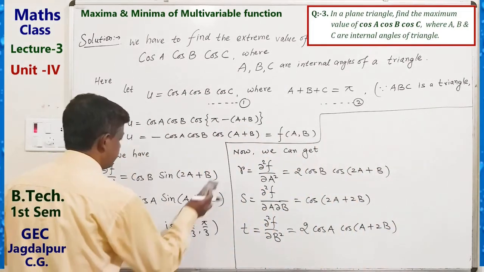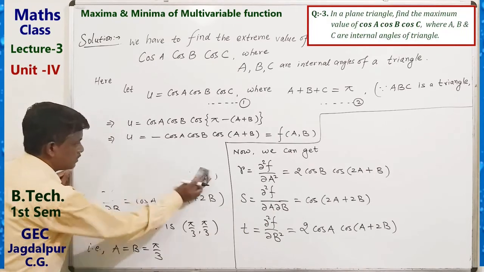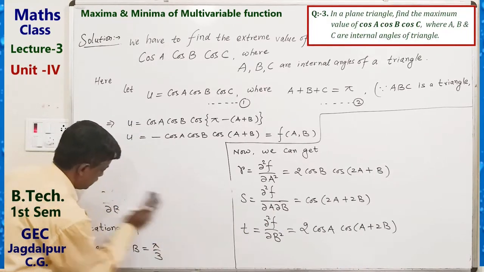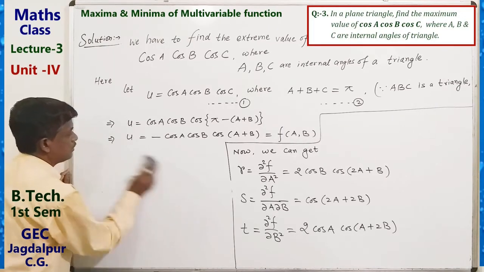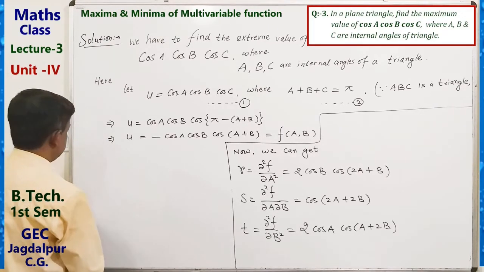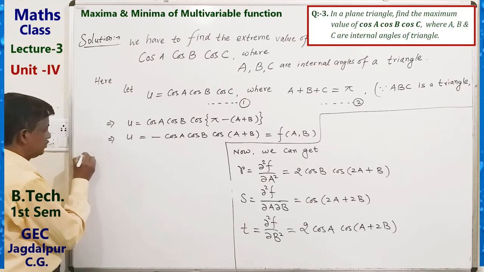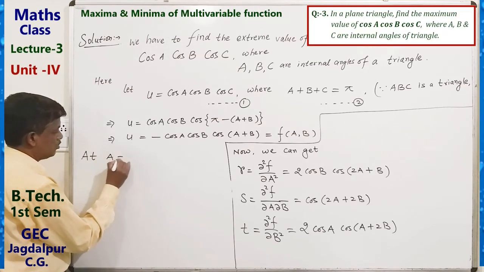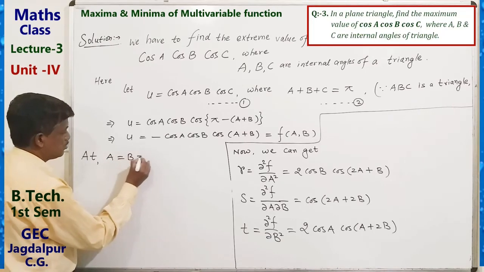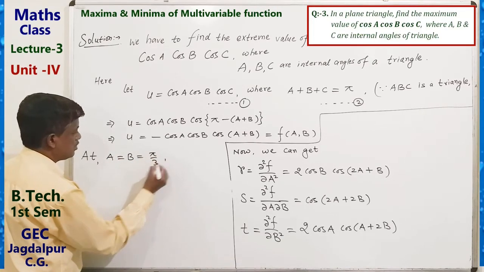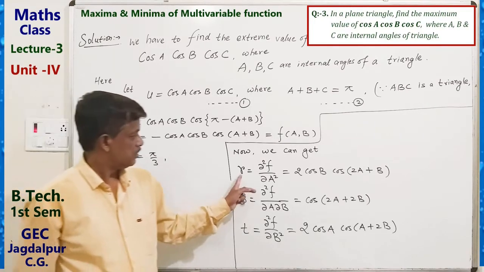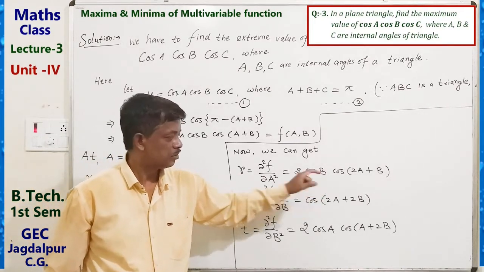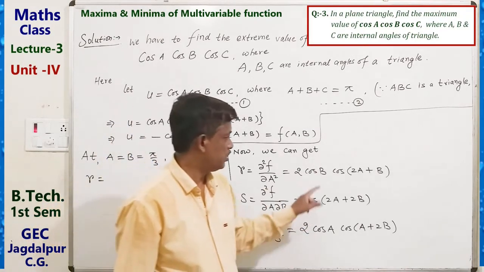So here at a equals b equals pi by 3, r equals pi by 3 cos 60 by 2.